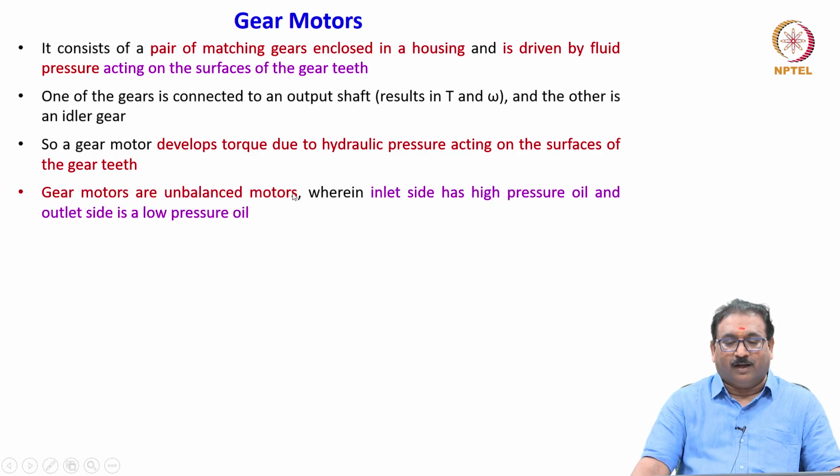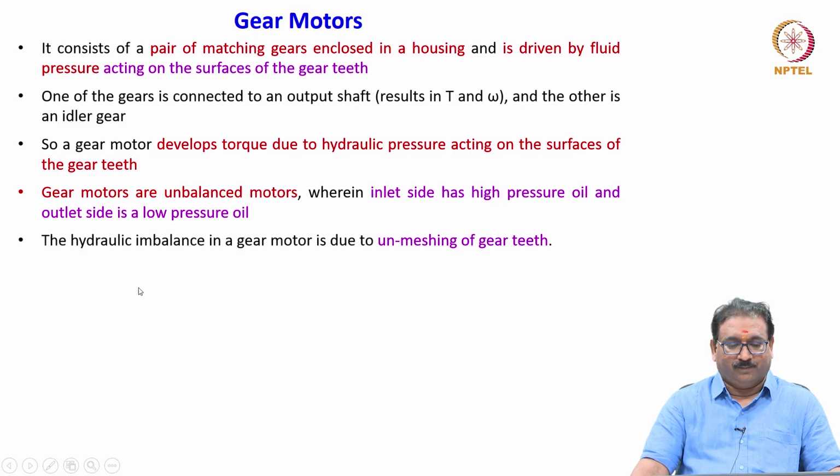Gear motors are unbalanced motors wherein the inlet side has high pressure oil and the outlet side has low pressure oil. The hydraulic imbalance in a gear motor is due to unmeshing of gear teeth.